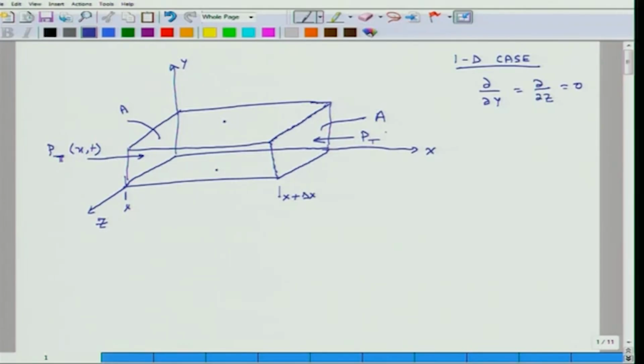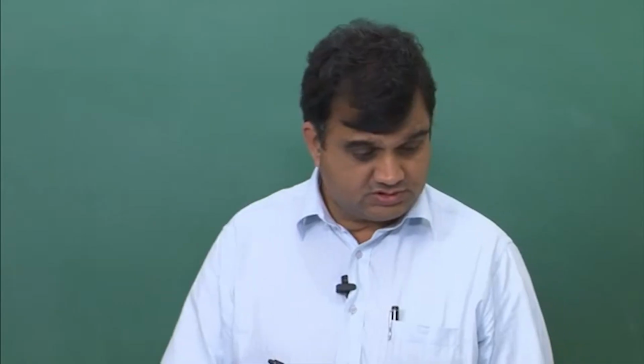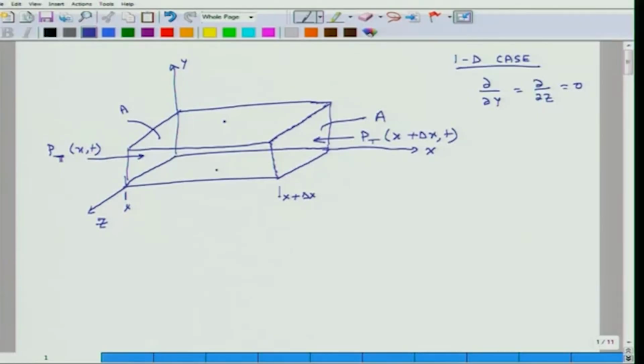The x coordinate here is x plus delta x, and because the time is frozen, the time is t. So this is the overall situation.